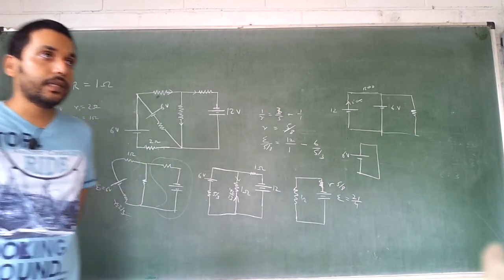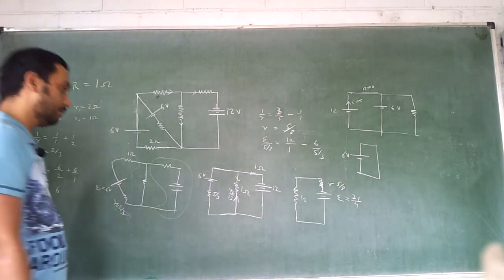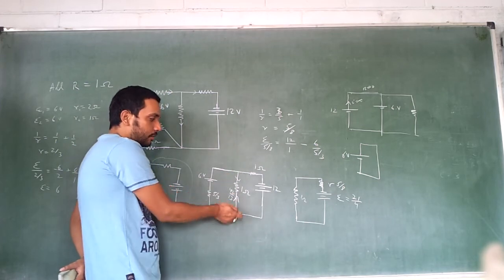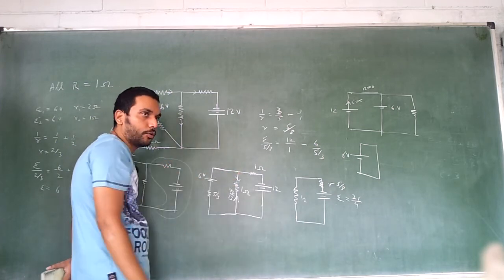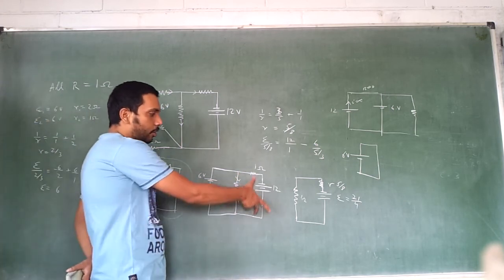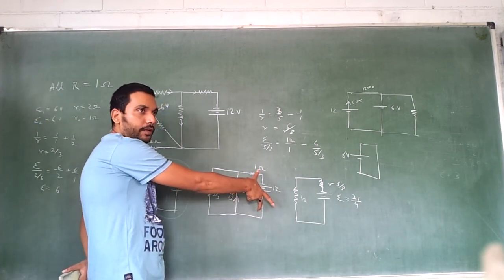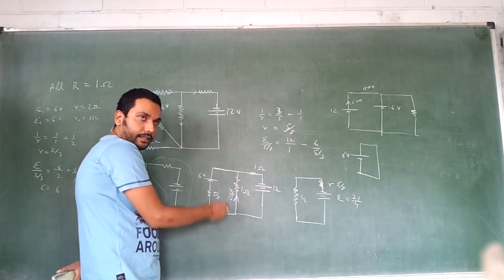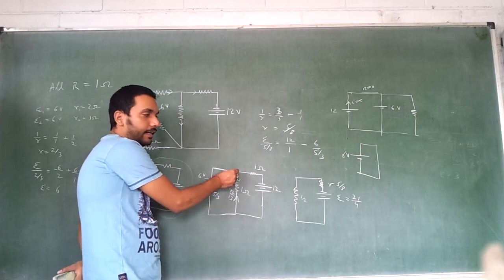Okay? Any doubt? Once you get this, you'll know the voltage drop across this is 42 by 13 into 1. So the voltage drop across this also should be 42 by 13. Is it clear? With this plus and that negative.